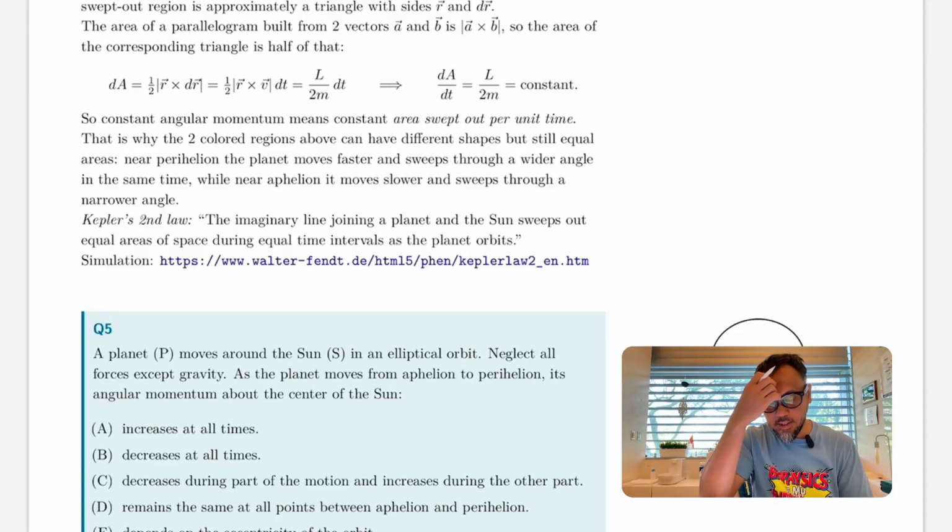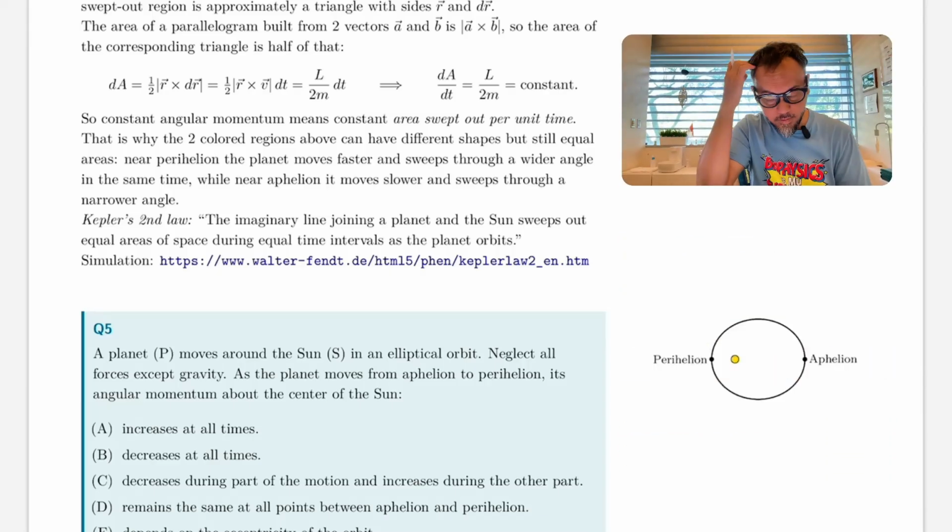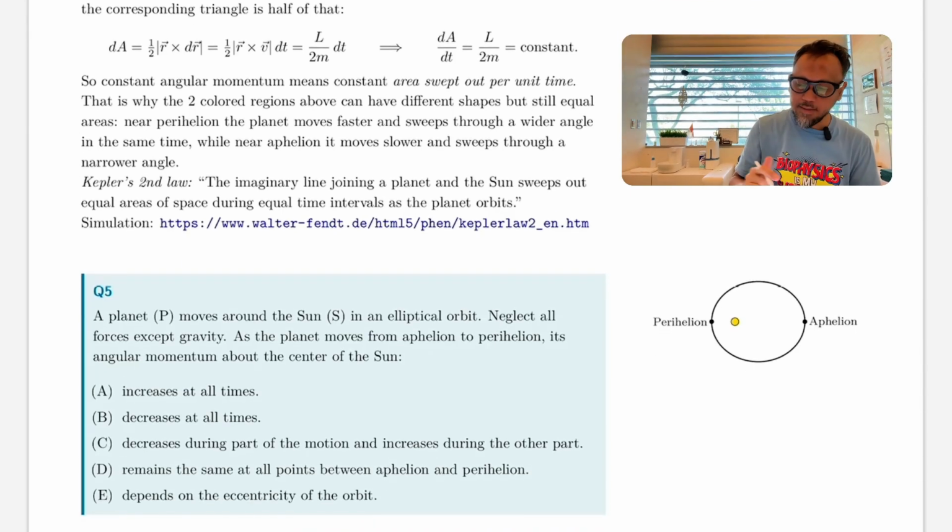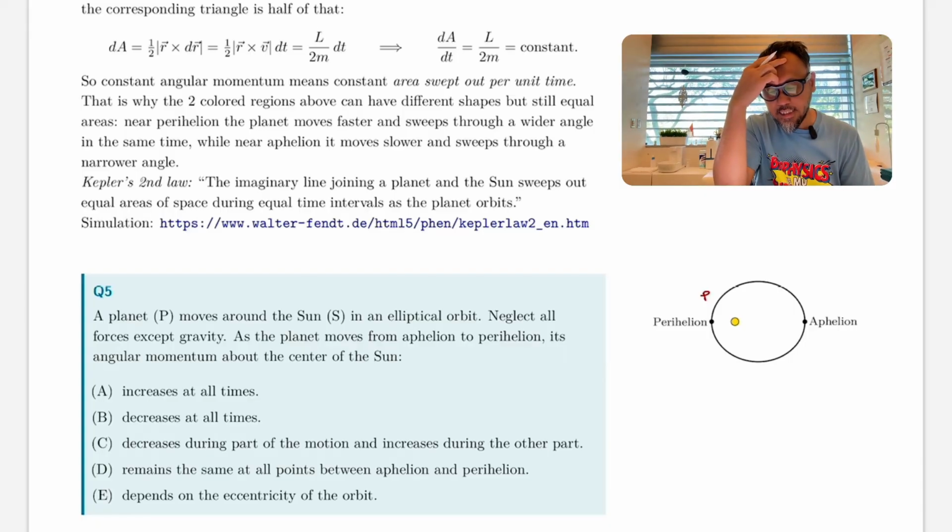And then we have this Q5, and I'm going to move myself to the top. A planet P moves around the sun S in an elliptical orbit. Neglect all forces except gravity.